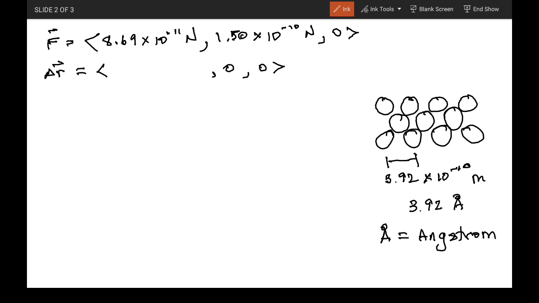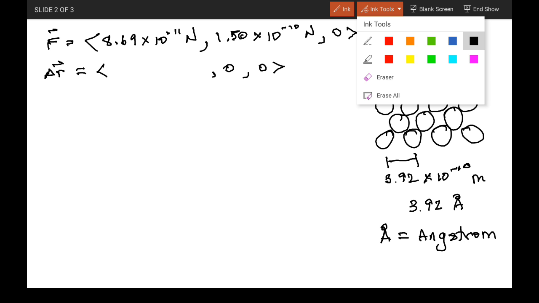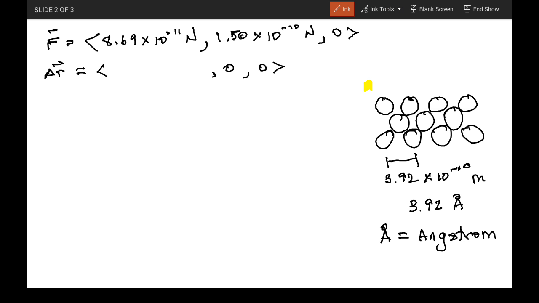So let's assume that we want to take this copper atom, and we're going to start here and then move it so that it goes 1, 2, 3, 4 spacings of the platinum. So that would be 4 times 3.92 angstrom, and so then we could write that delta x is 4 times 3.92 angstrom.